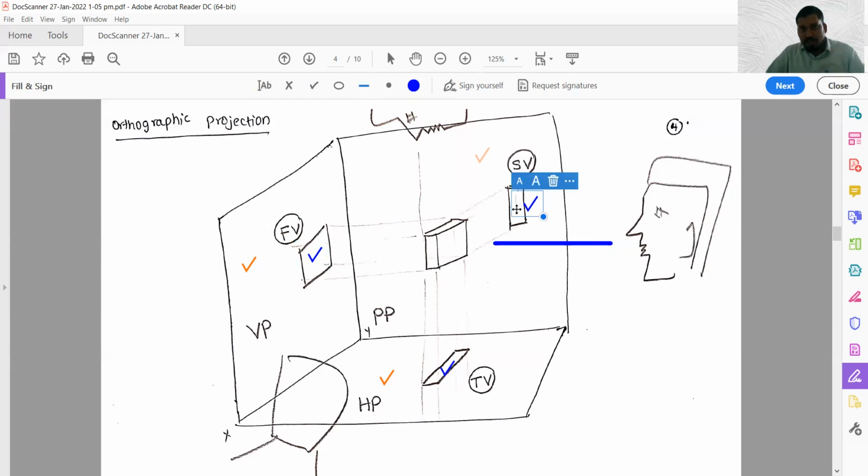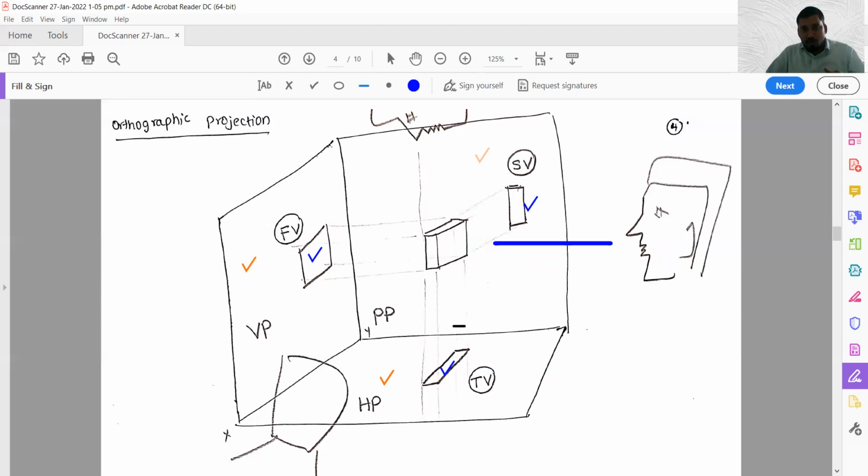The image projected on the horizontal plane is like this. The vertical plane image is called the front view, the horizontal plane image is called the top view, and the profile plane image is called the side view. These are three different views.